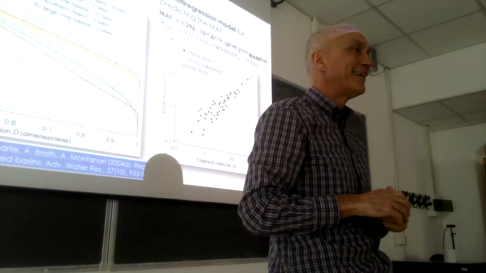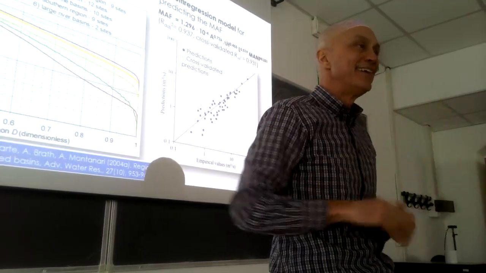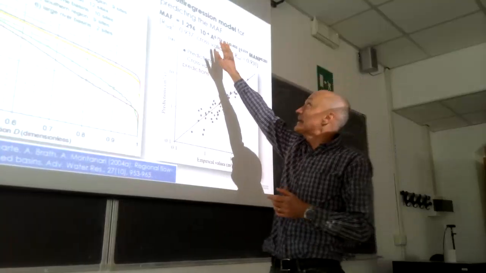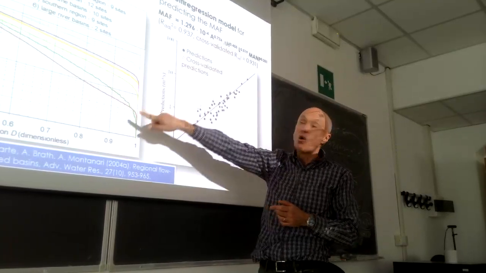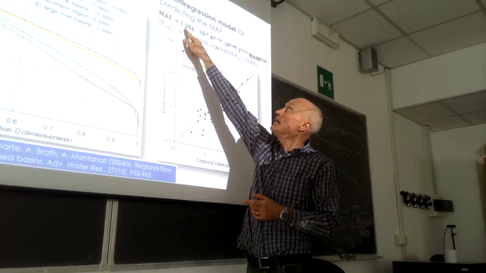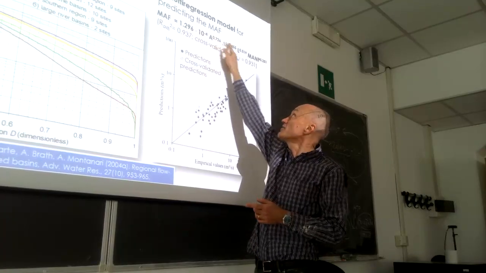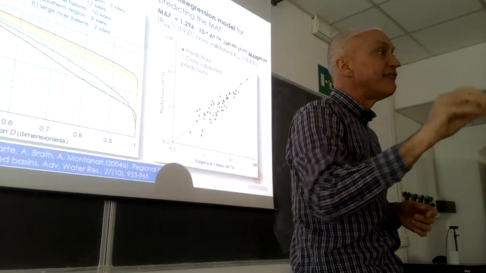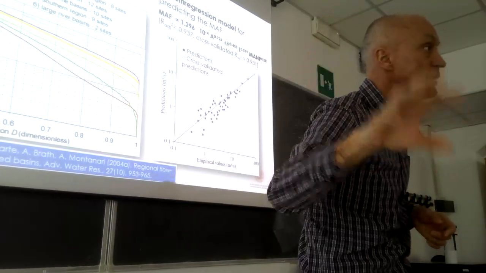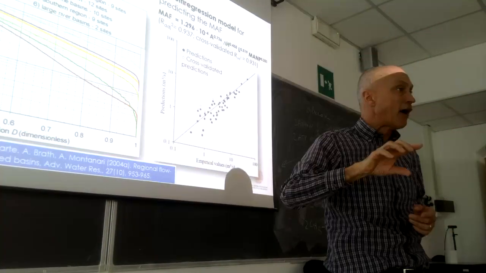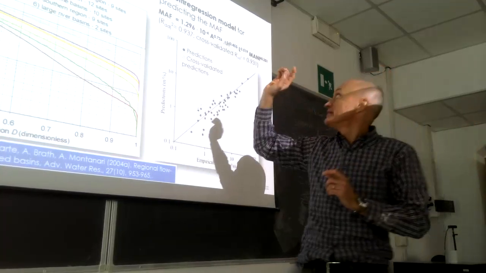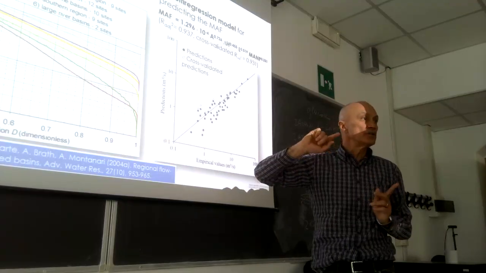What is the important thing to note? The important thing to notice is that none of these variables depends on discharge. So this model provides you with an estimate of the mean annual flow without any information on the discharge. You just need to know the size of your catchment. Of course, we expect the size to be important, how big it is.